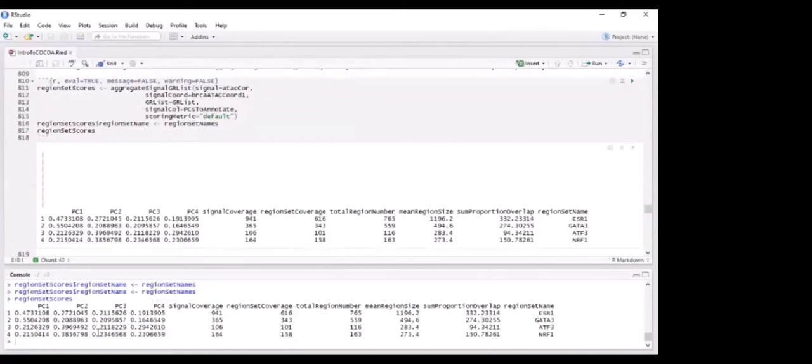I believe that's just because we're only running the PCA on a subset of the data. For the package, we've subset the data down to only the regions that overlap with estrogen receptor, GATA3, ATF3, and NRF1. So that's why we see a lot of variation there. But if you're running it on basically the whole genome scale ATAC-seq data, you wouldn't see such high correlations for ATF3 and NRF1.